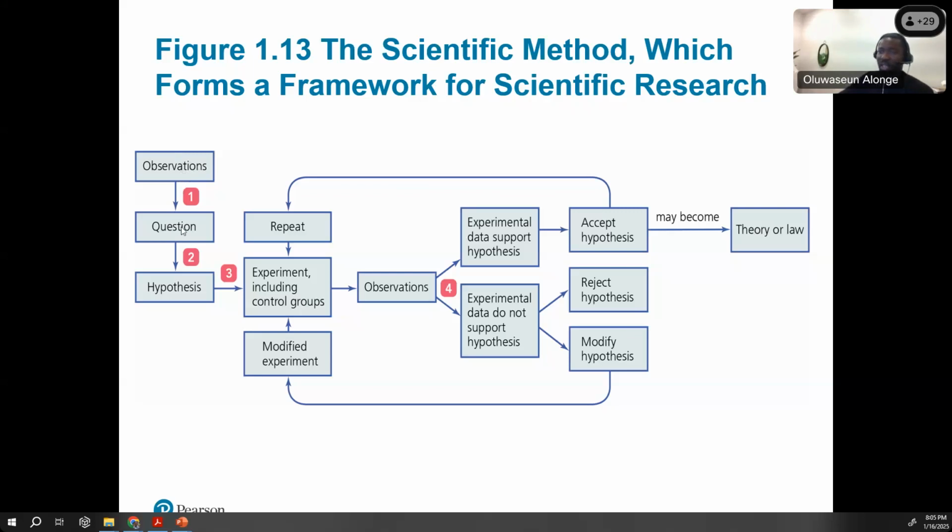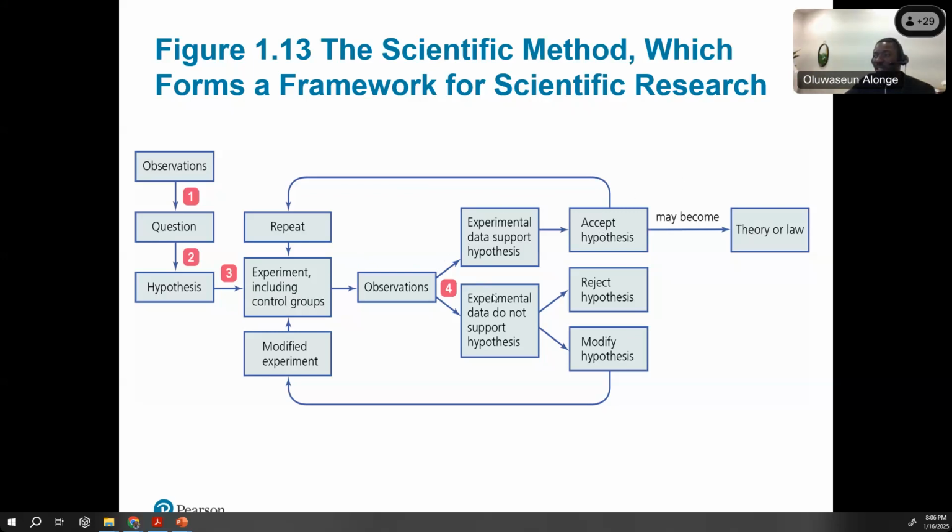Second is to ask a question: why is this thing like this? The third is the hypothesis. After that, you can have a prediction in between, and then experiment on your hypothesis. If your hypothesis works, great. You get your experimental data, your control groups. If the hypothesis works, you accept it and then you formulate a theory.